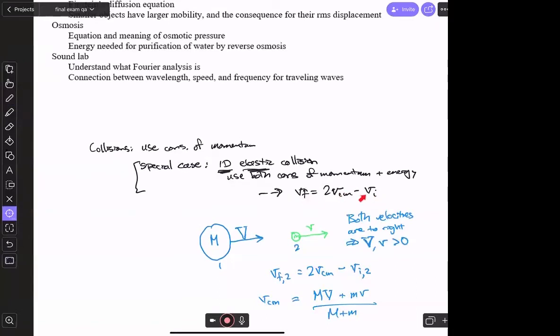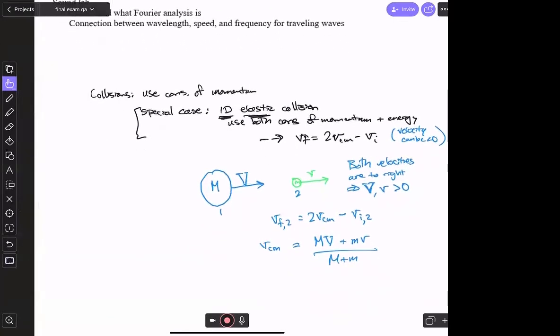But bear in mind when you're using this equation that velocities can be negative. This is not meant to be the magnitudes of the velocities, but actually positive or negative velocities. We're using that convention because we're only applying this equation for one-dimensional collisions.